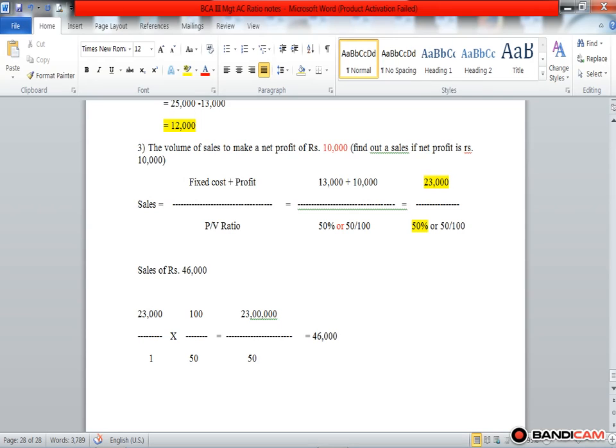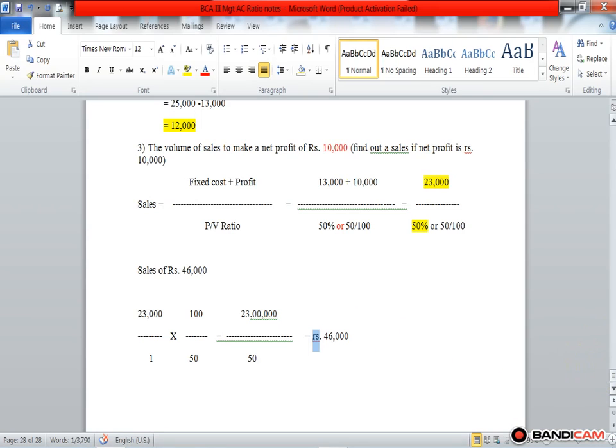If we earn rupees 10,000, we sell goods of rupees 46,000. Got it?